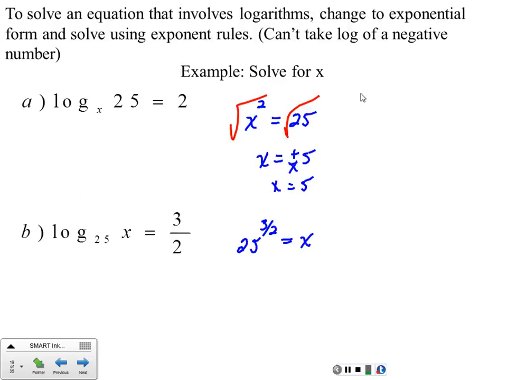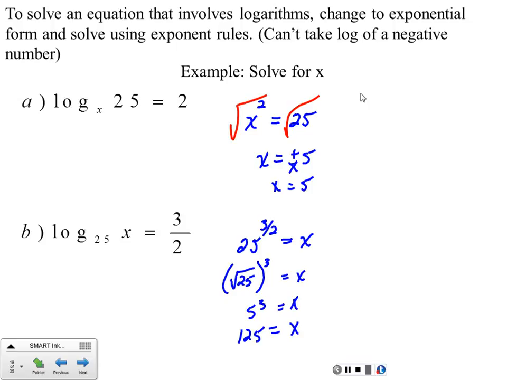That 2 on the denominator tells me I'm taking the square root of 25, and then that 3 tells me that I'm going to cube it. Well, what is the square root of 25? Square root of 25 is 5, and 5 cubed is what? So x is 125. So 25 to the 3/2 power is going to give me 125.